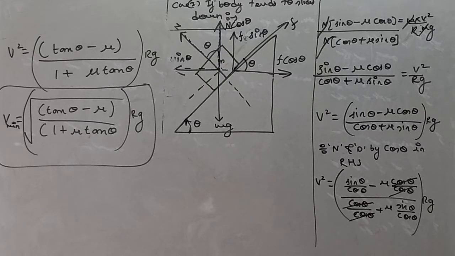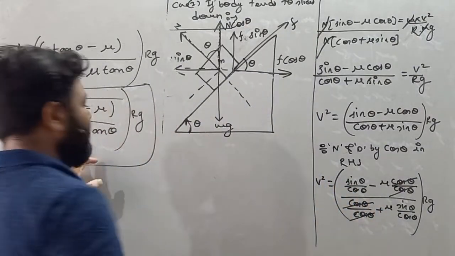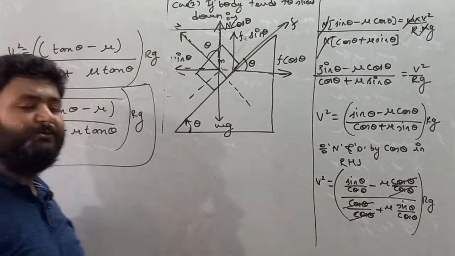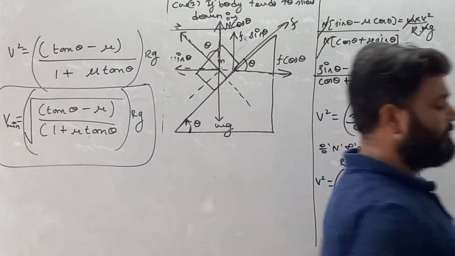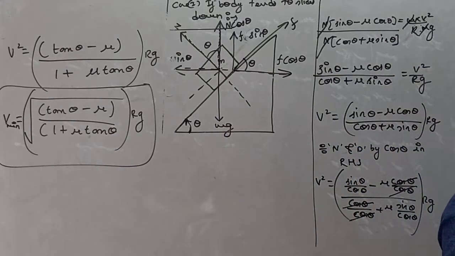If your vehicle is moving with at least this much velocity, then only you are capable of taking a turn on a banked road. If your velocity is less than this velocity, then the vehicle will fall down.